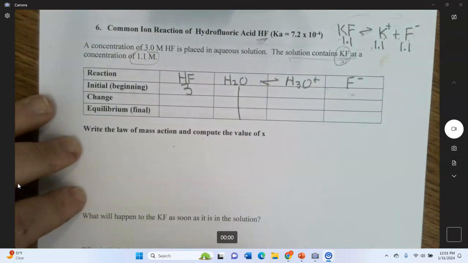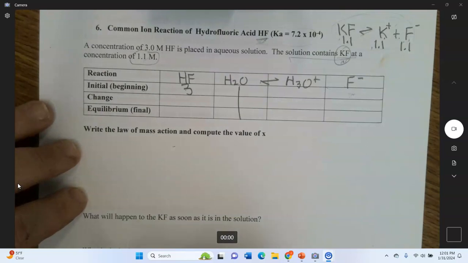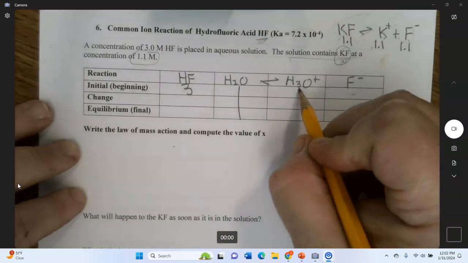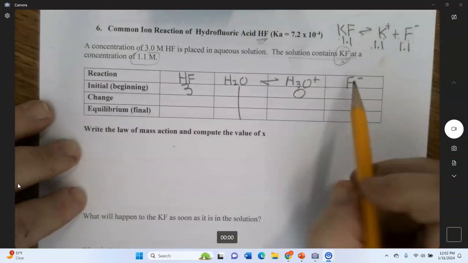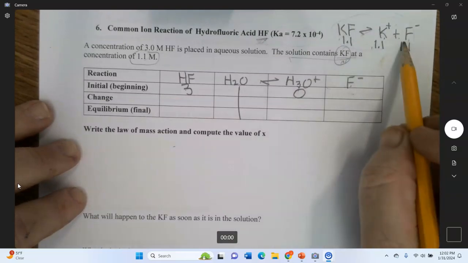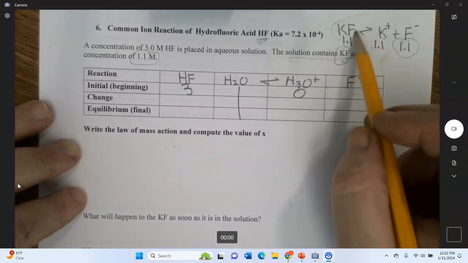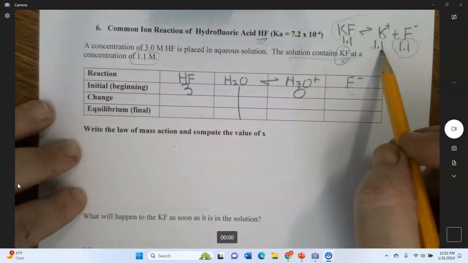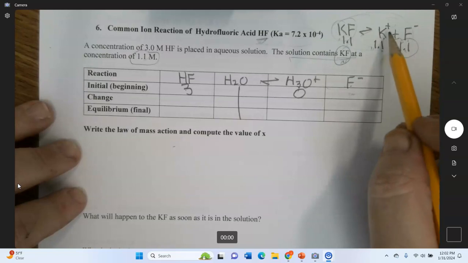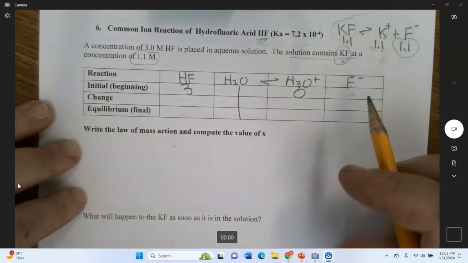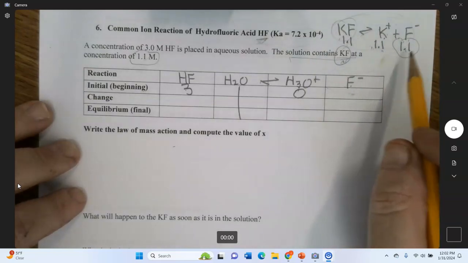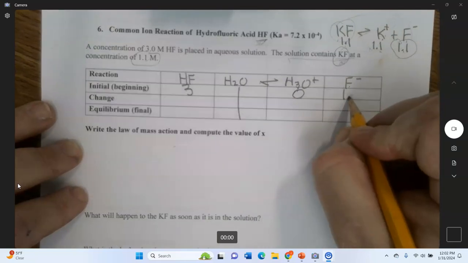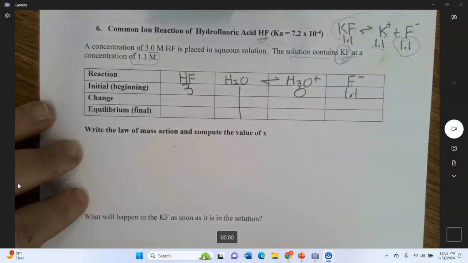We don't use water because it's a pure liquid. Then H3O, we start off with 0. We assume we have none. And then the common ion: we know we put this molarity in, 1.1, and it totally broke up into 1.1 K and 1.1 F minus. We don't care about the K in this problem. It's a spectator. It just goes off to the side. So this is going to be our initial concentration in this common ion problem.